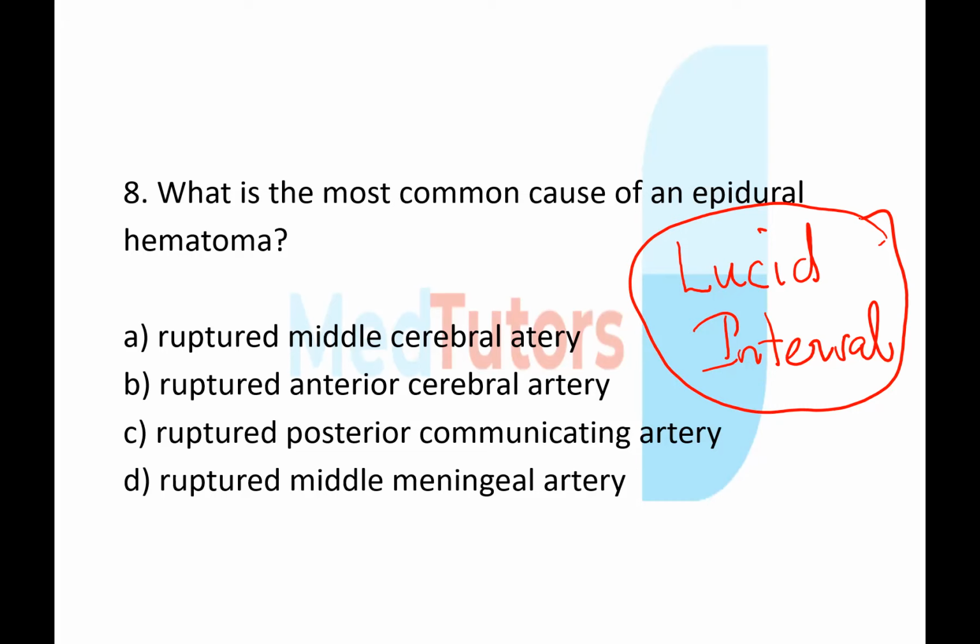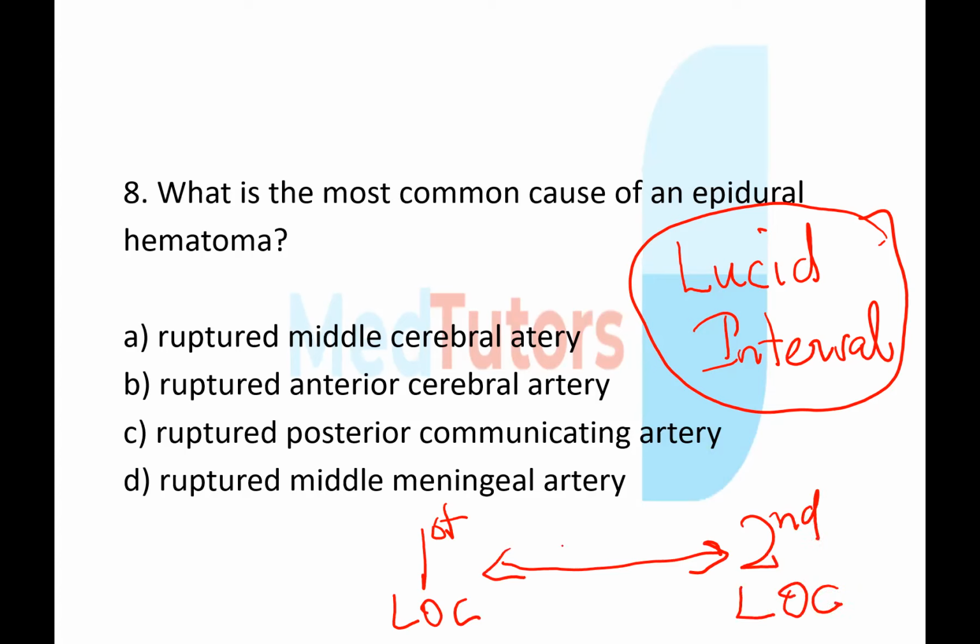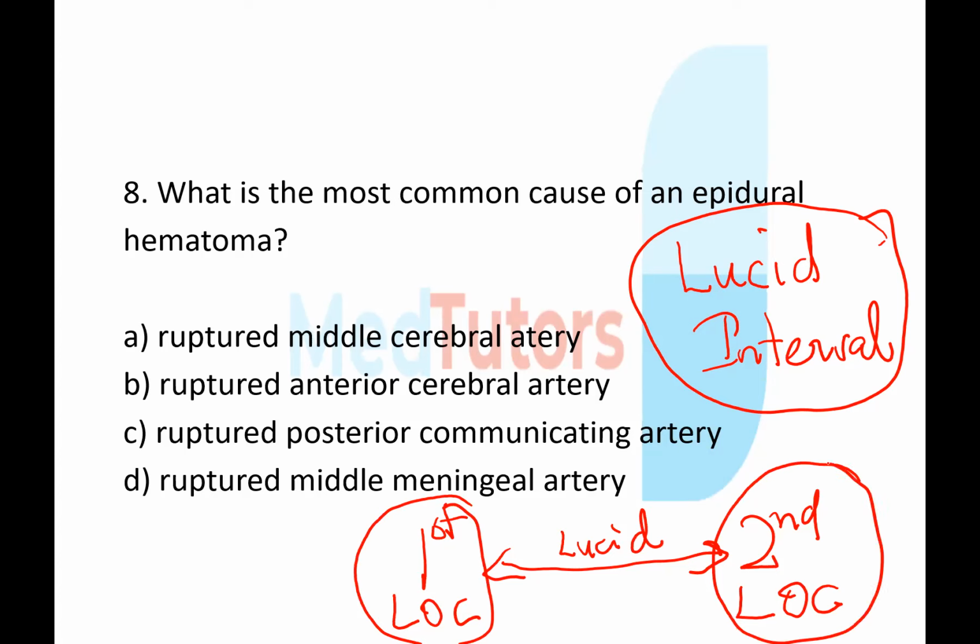Now that interval between the first loss of consciousness and the second loss of consciousness is called the lucid interval. The first is as a result of the primary injury. This is as a result of the secondary brain injury.